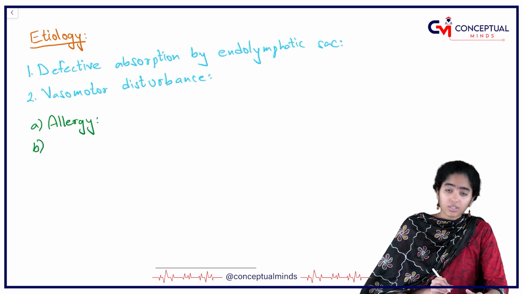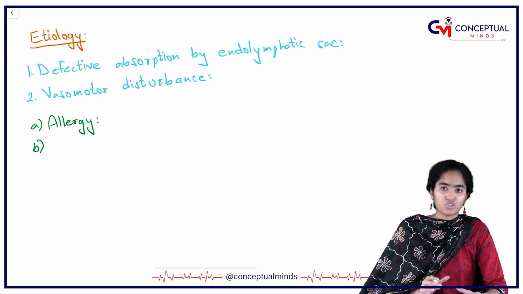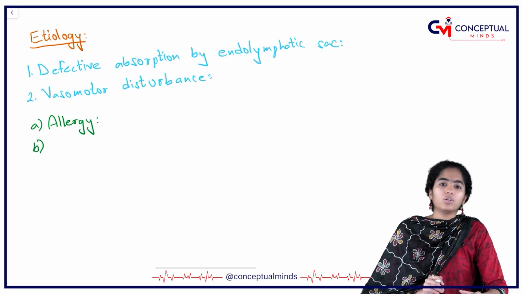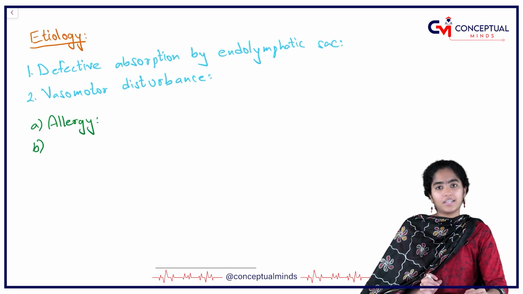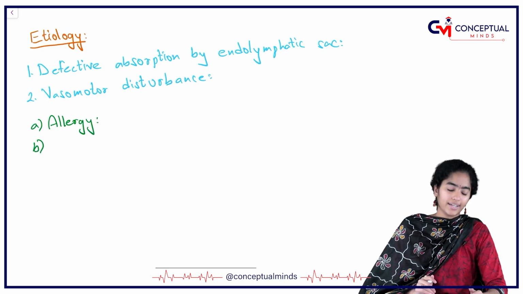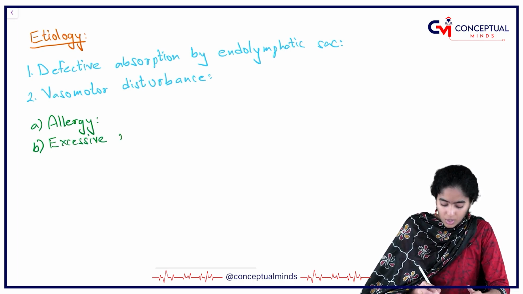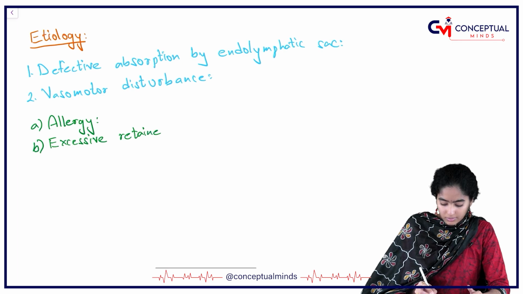Next, it's also possible that sodium and water retention in the body could lead to endolymphatic hydrops, because in those patients it was observed that they have excessive amounts of retained sodium and water.